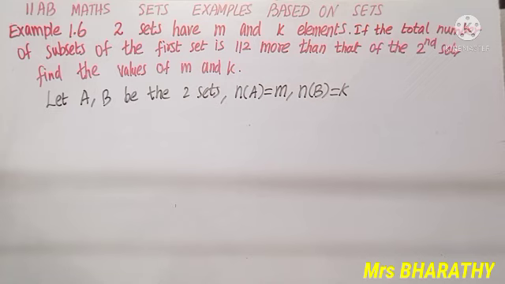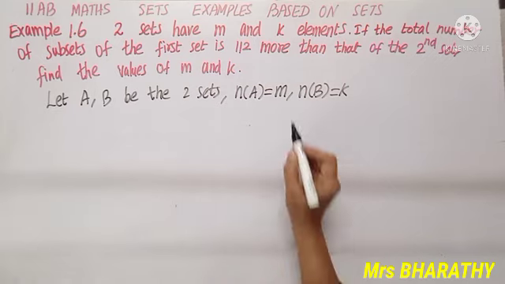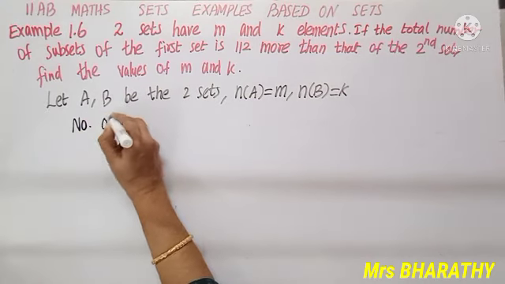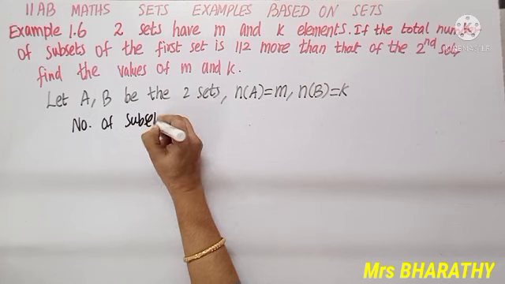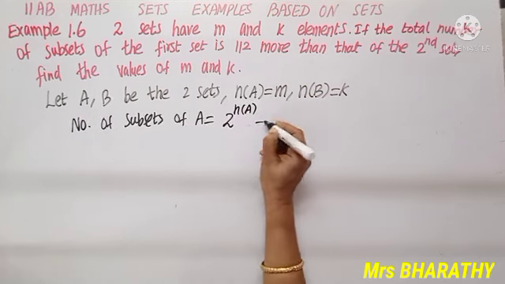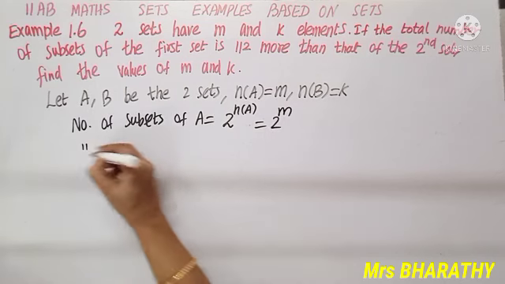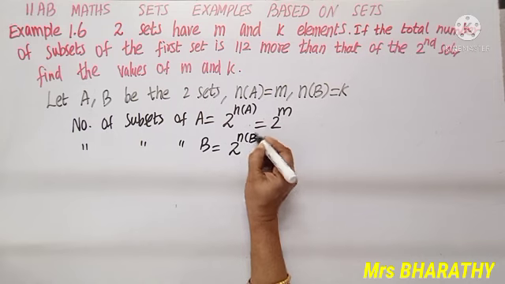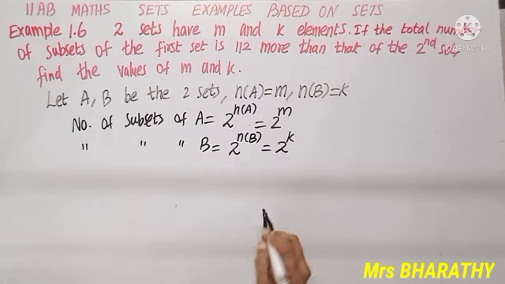The total number of subsets of the first set. When I say number of subsets of A, what is the formula? 2 power n of A, that is 2 power m. So number of subsets of B, obviously 2 power n of B, that is 2 power k.